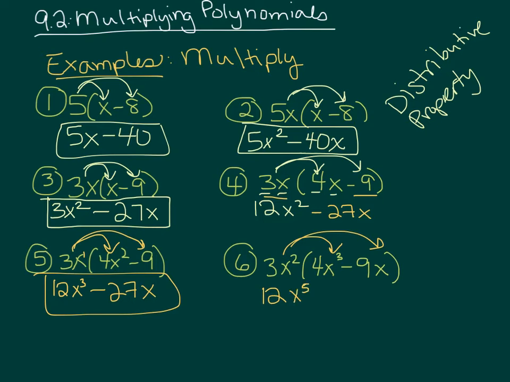You're going to add your exponents. 3x to the second minus 9x. We're going to start with our 3 times 9, which gives us 27. X squared times x to the first gives us x to the third. So those are our answers for those ones. Do not try to simplify once you've multiplied it out. Remember, I'm asking you to multiply, so this is all that we're going to do for these answers.